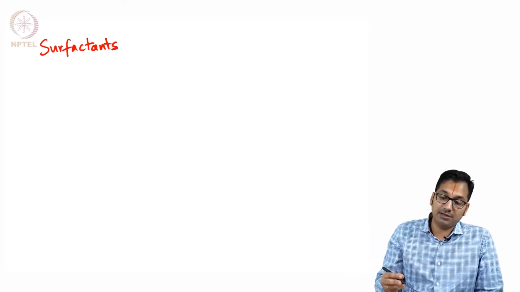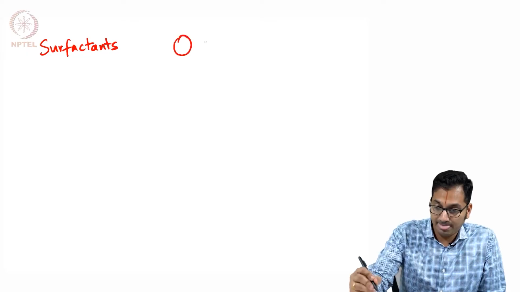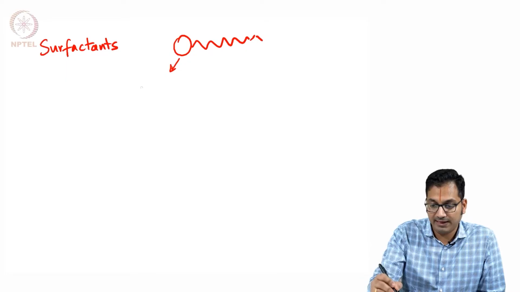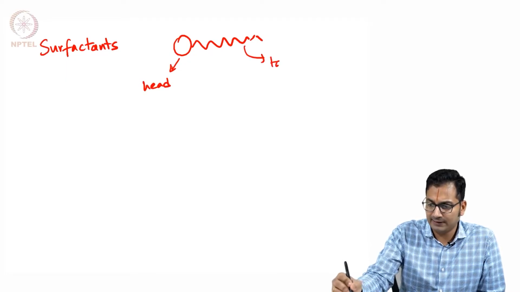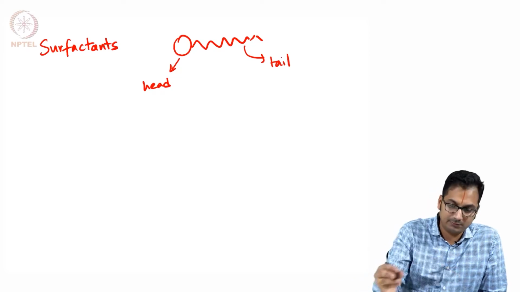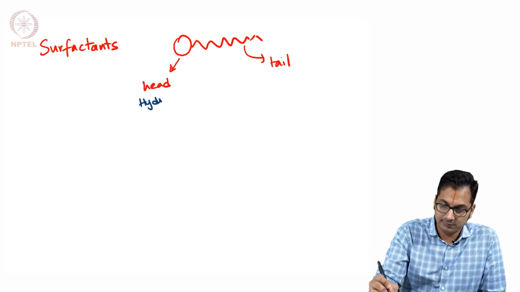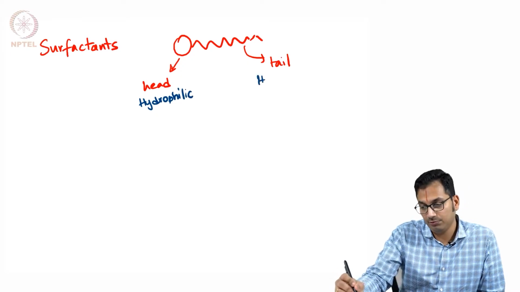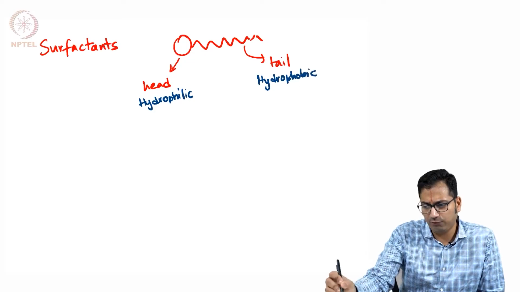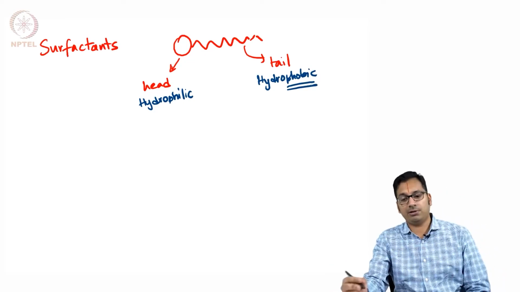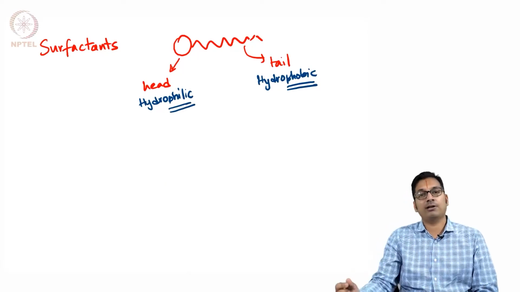So these are generally characterized by a hydrophilic head and a hydrophobic tail. I am using some terms which I assume you would already know, where hydrophobic means fear of water, while hydrophilic means water liking.